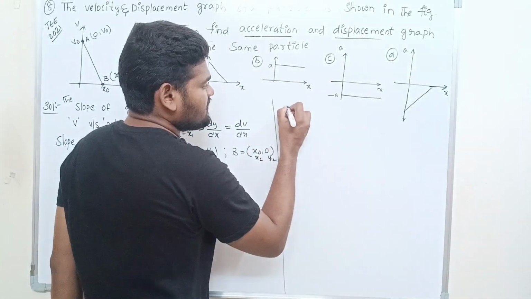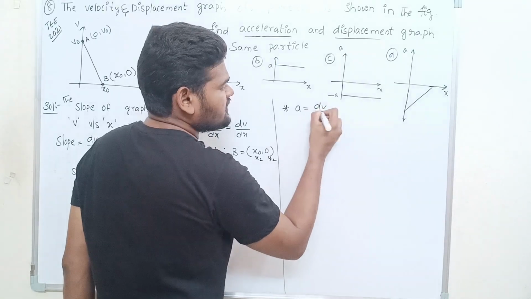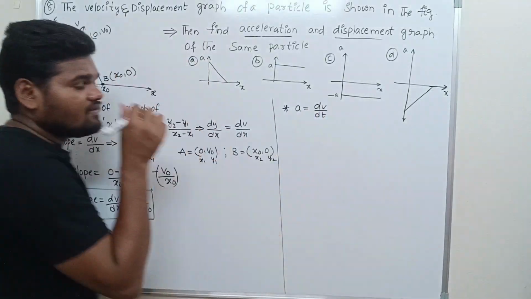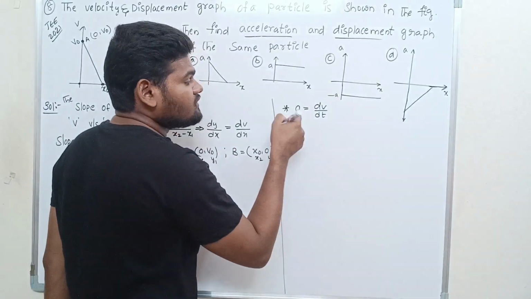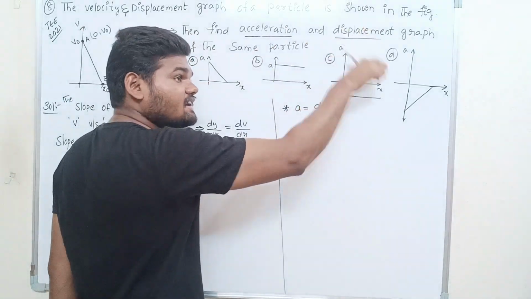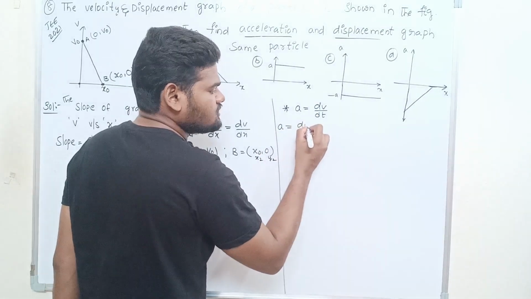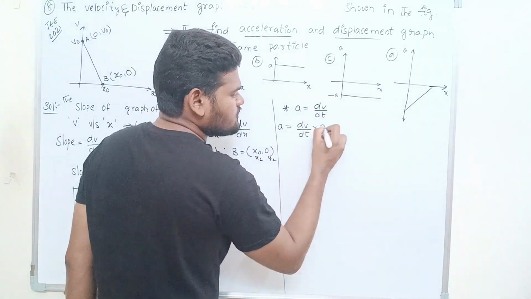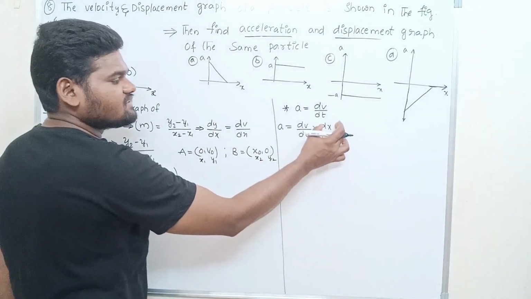Okay. So we have the formula for acceleration. What is that? Acceleration a is equal to dv by dt. The rate of change of velocity is called acceleration. Now we have to find the relation for acceleration and displacement. For that I am changing this formula: acceleration is equal to dv by dt into dx by dx, just multiplying and dividing this equation with dx.